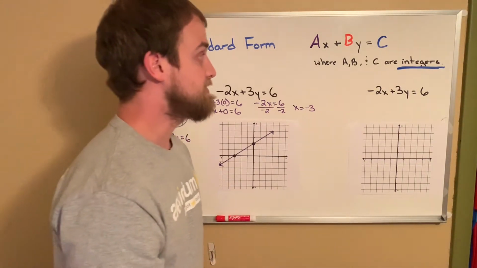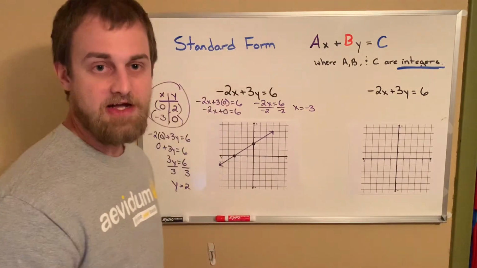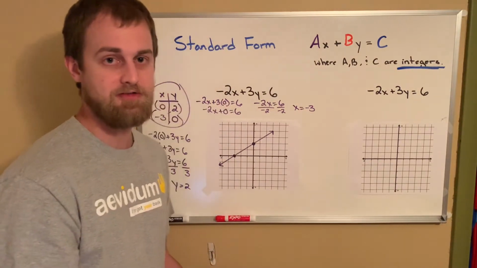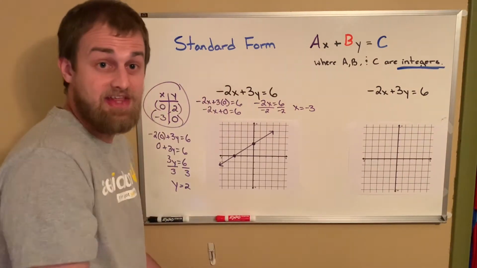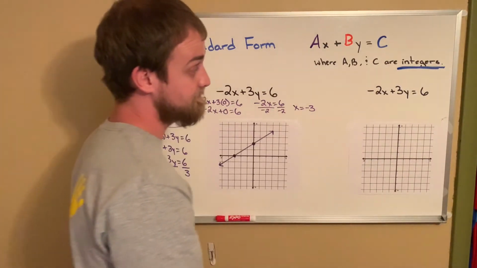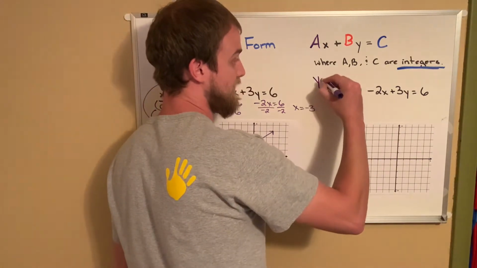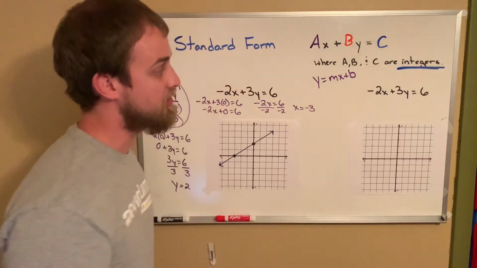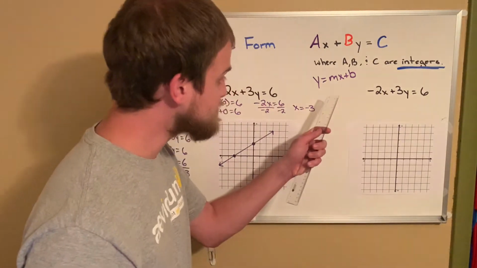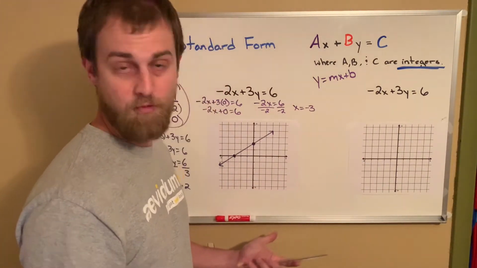Another strategy you could use is one of the fan favorites of graphing equations: slope-intercept form. Could I convert this equation into slope-intercept form and then just graph that? Remember, slope-intercept form is y equals mx plus b. So I'll be trying to solve this equation for y.